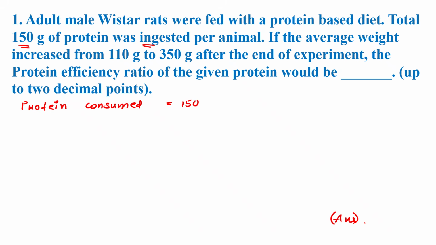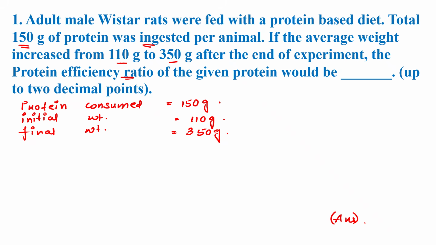If the average weight increased from 110 to 350 grams, so initial weight is 110 gram, final weight is 350 gram. We have to calculate the protein efficiency ratio of the given.